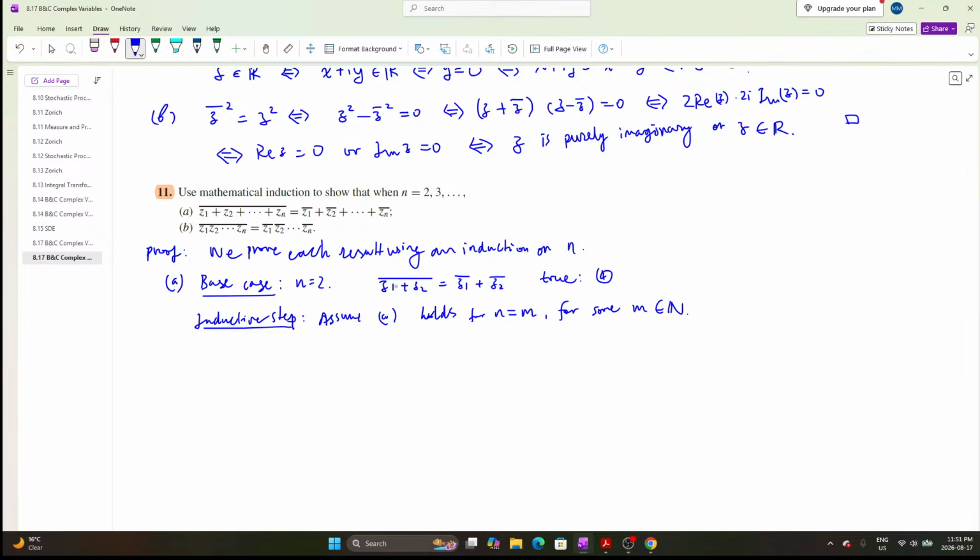And you need to prove this is true for m plus 1. Then we have the following, which is z1 plus z2 all the way to zm plus 1. This can be broken into, say, z1 plus all the way to zm, quantity.